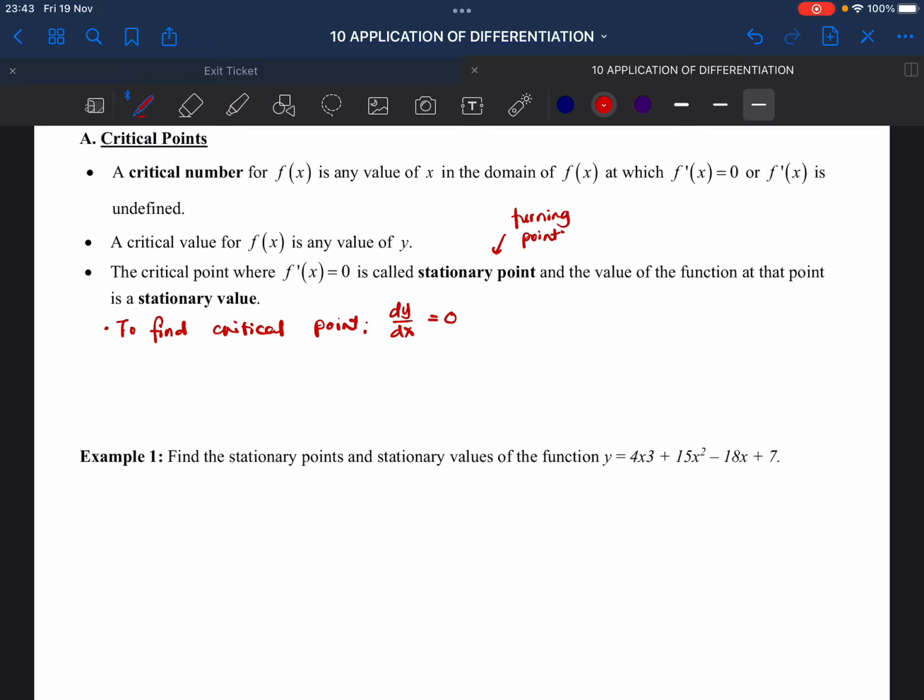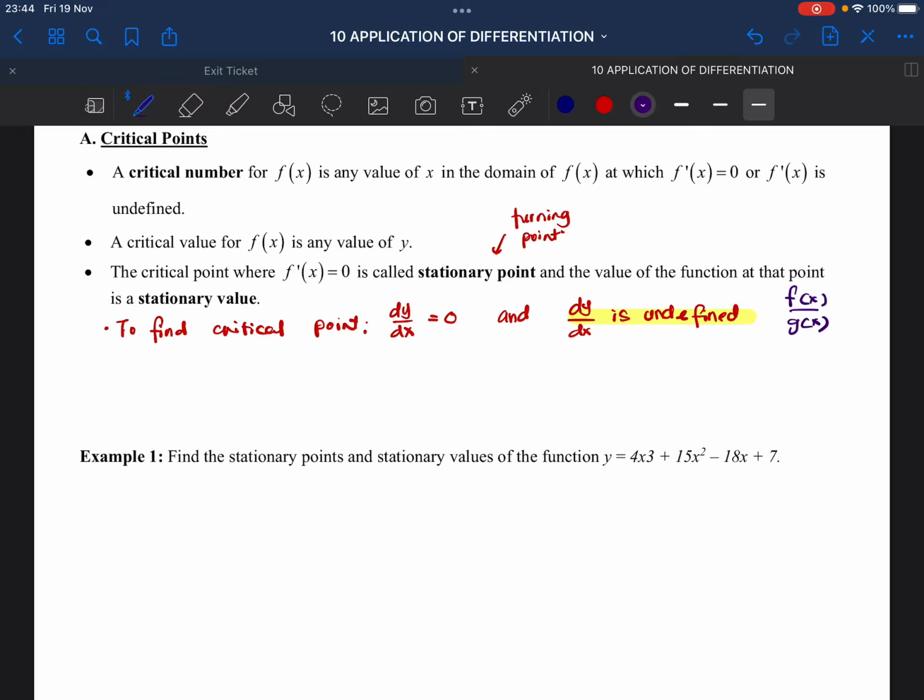Also, if the question asks to find critical point, dy over dx is undefined. So where dy over dx equals 0 and also where dy over dx is undefined. What does it mean by dy over dx is undefined? This is the case for f(x) over g(x). We're going to see this type of question later.